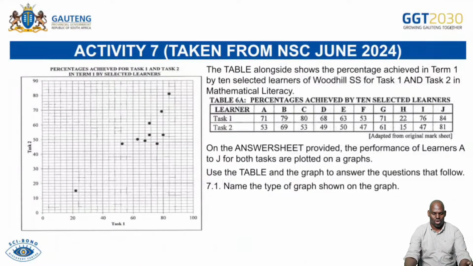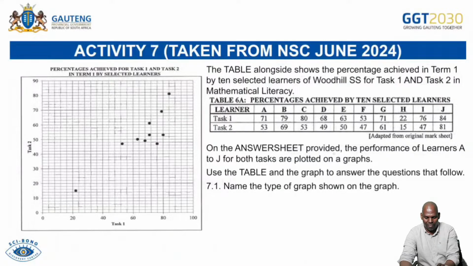Okay, so activity 7. This one was taken from the National Senior Certificate, June 2024. The table alongside shows the percentage achieved in term 1 by 10 selected learners of Woodhill SS for task 1 and task 2 in mathematical literacy.